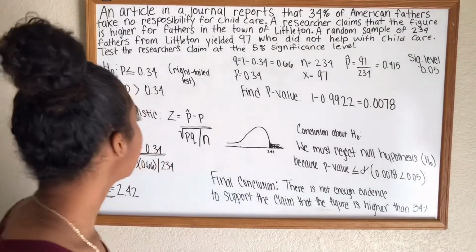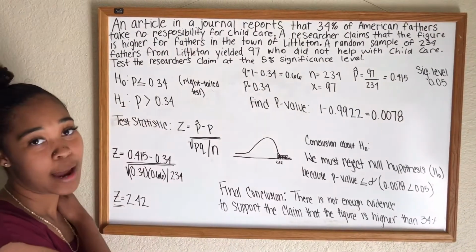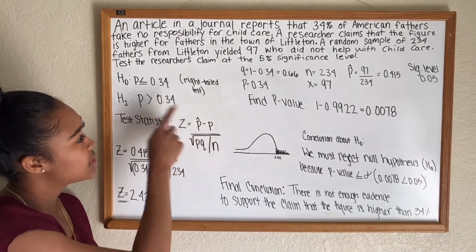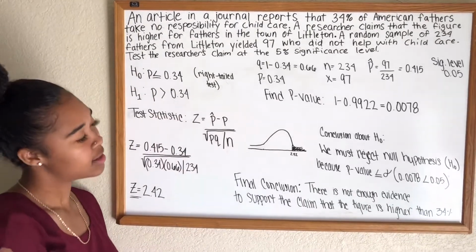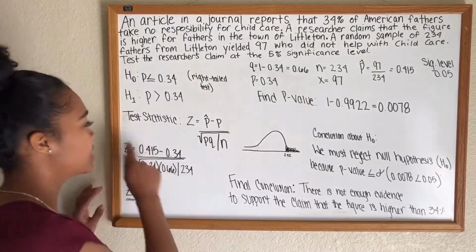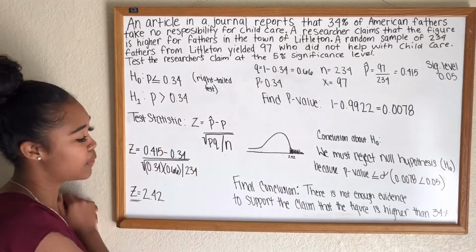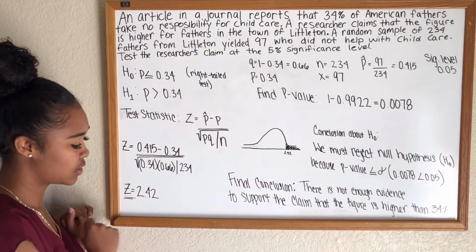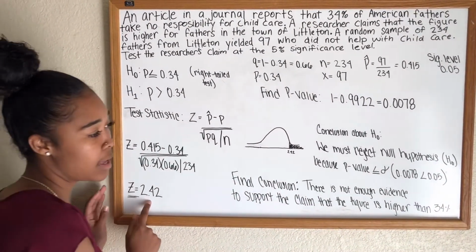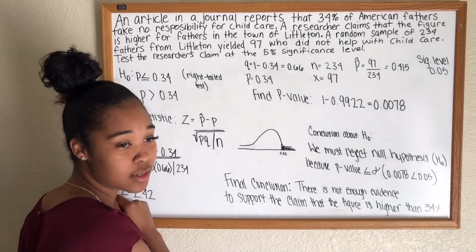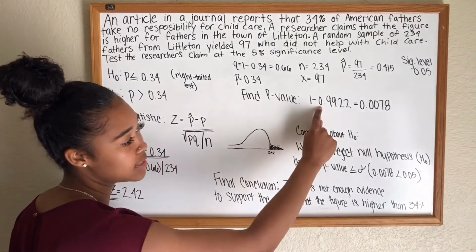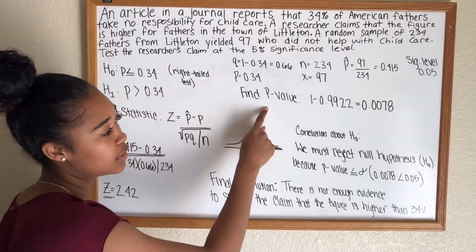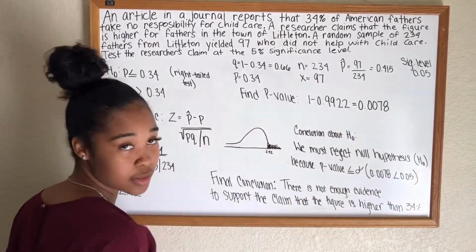Okay, so in this example, we can see I used the null hypothesis, the alternate hypothesis you can see here, and this is the right tail test because it depicts a greater than. Okay, and then we did the test statistic using this formula, and after plugging in all the values, we get the z-score, which is the critical value of 2.42, and after we put 2.42 into the z-table, that's when we come up with 0.9922, which we subtract from 1 in order to find the p-value in this problem, which we get 0.0078.